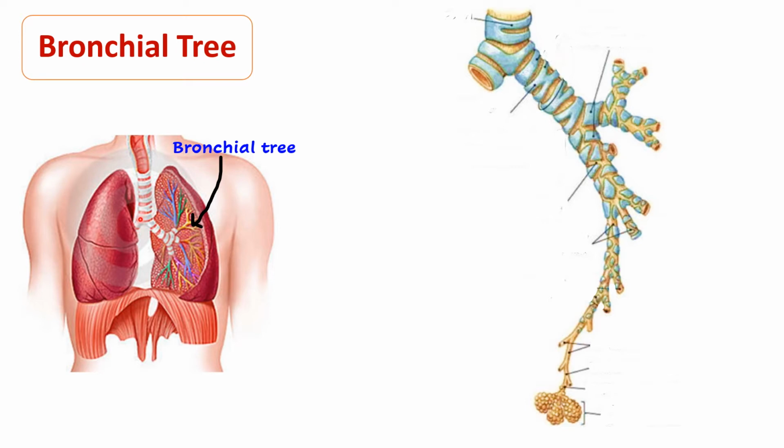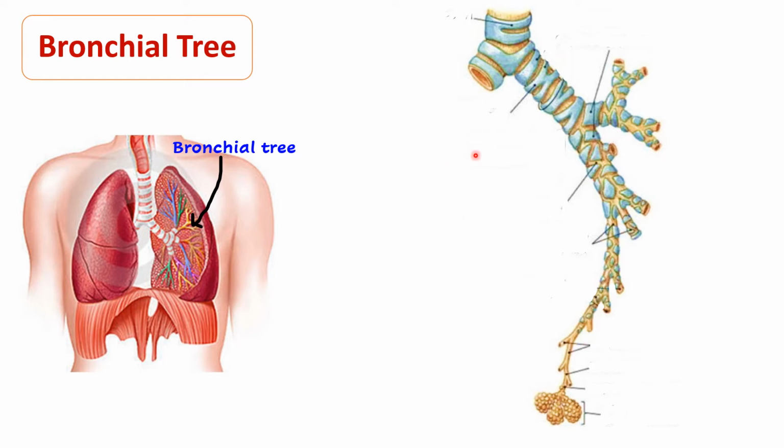These are known as right and left principal bronchi or right and left primary bronchi. Each primary bronchus can be seen here dividing into smaller and smaller bronchi and then into the bronchioles, which will lead to the alveoli where the exchange of gases is going to take place.